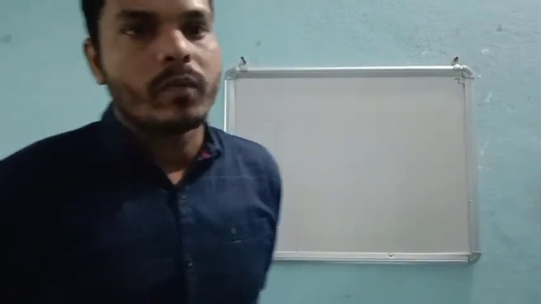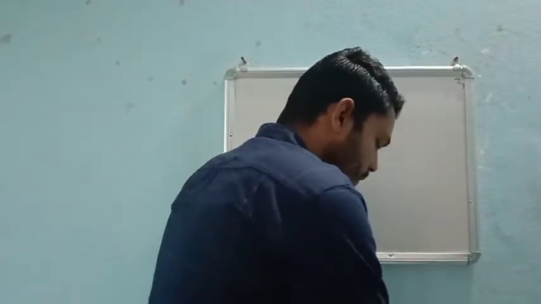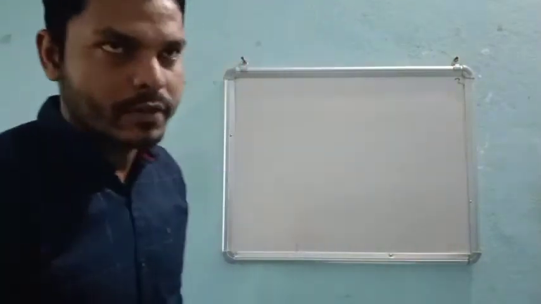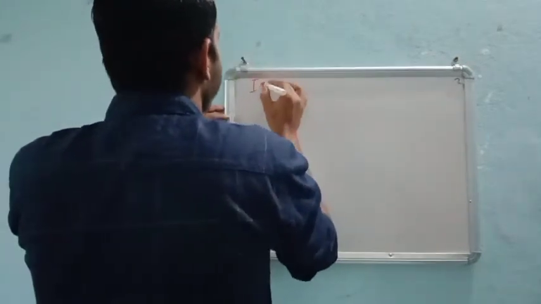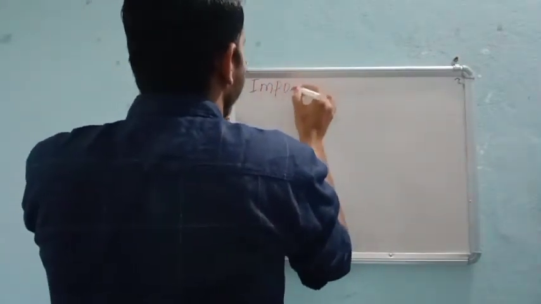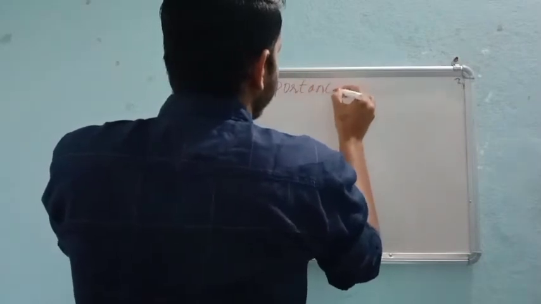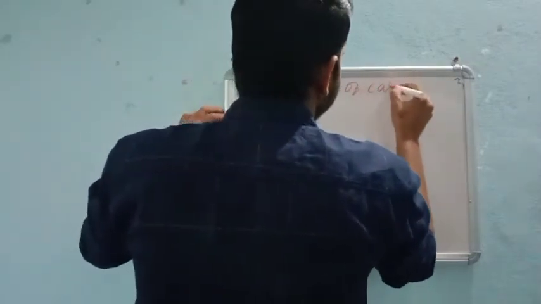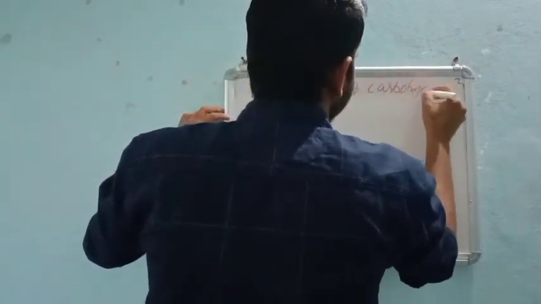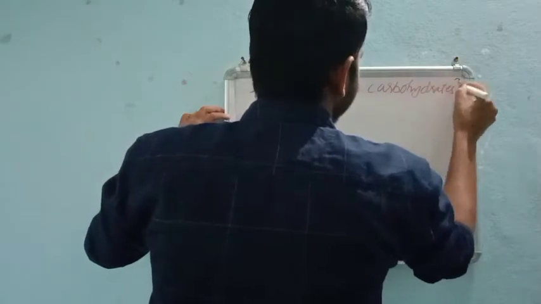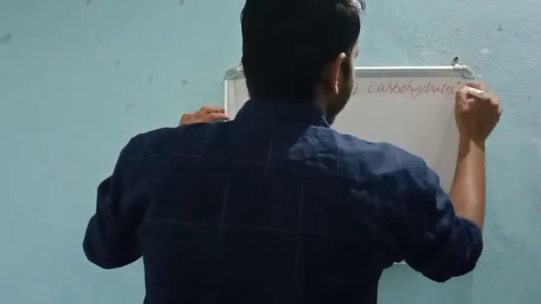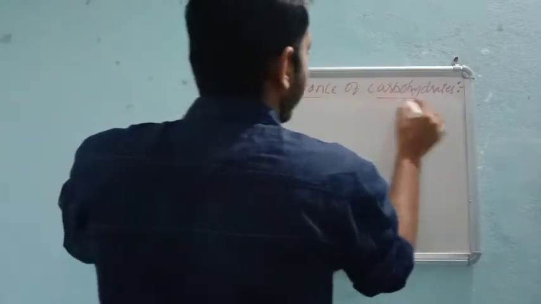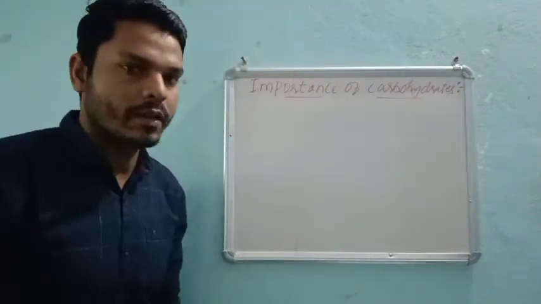So now we will see some of the important characteristics of these carbohydrates. The biological importance of carbohydrates. Till now we came to know that carbohydrates are a very essential part of our body.